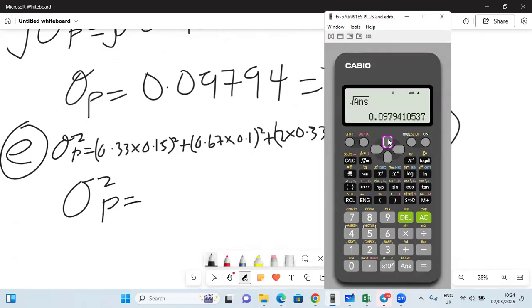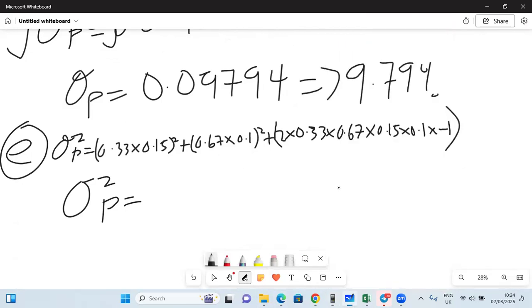We are just going to change it again to -1. We are going to get 0.0003.